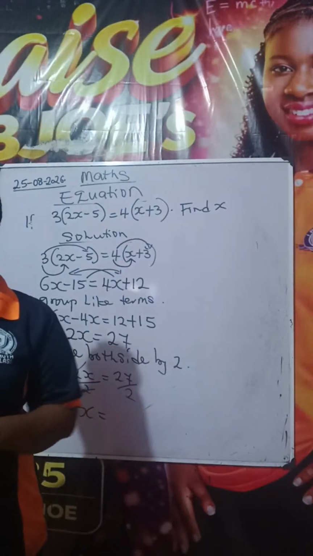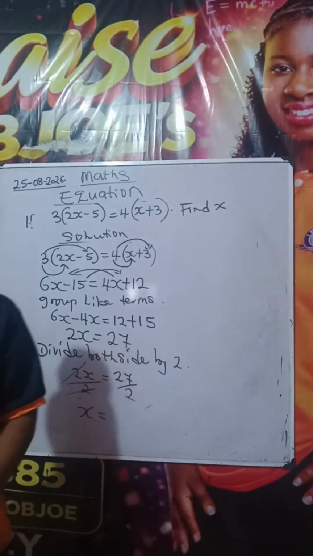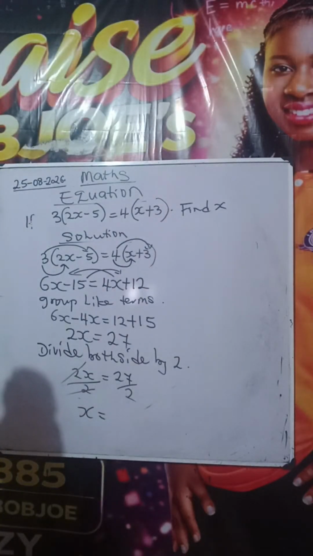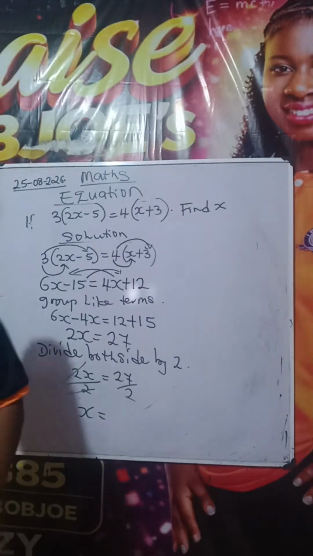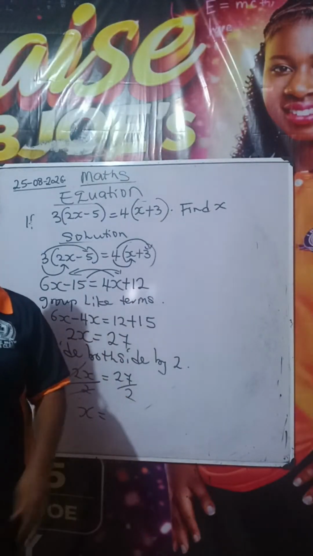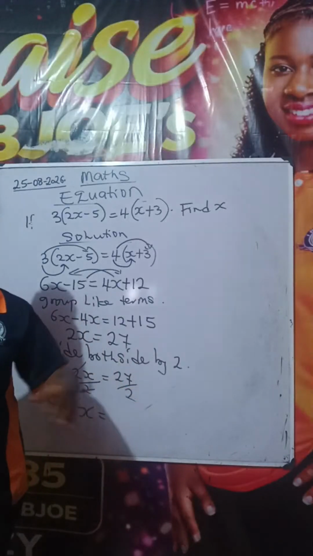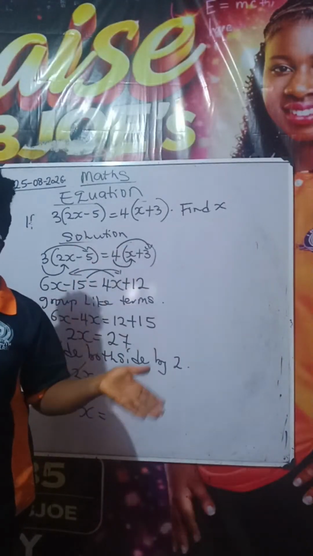Can it divide it? Is it possible, without any remainder? 27 divide 2. It can't divide it. It's not possible because this number ends with 7, which is an odd number. Now we are going to change it to a mixed fraction.